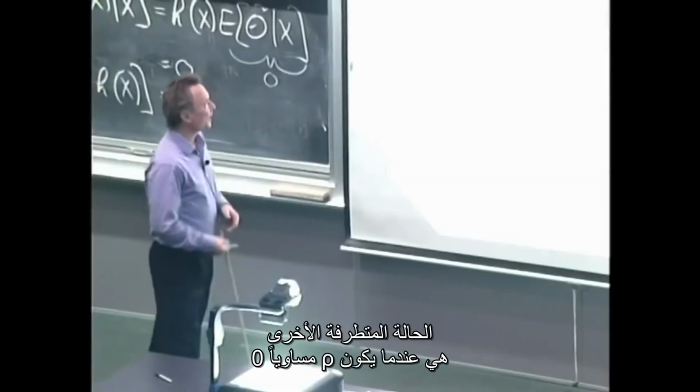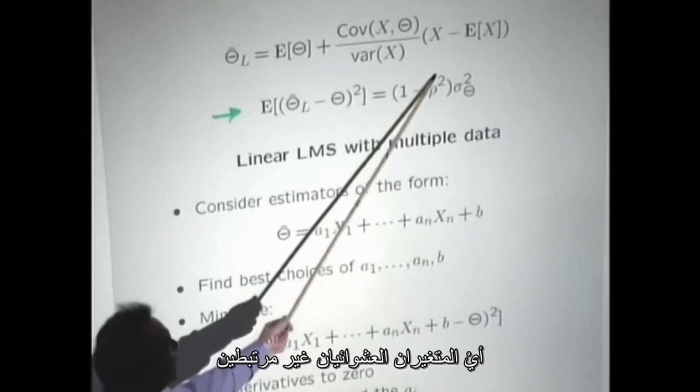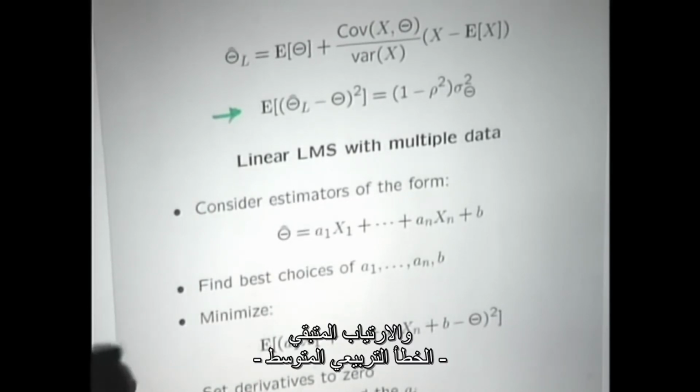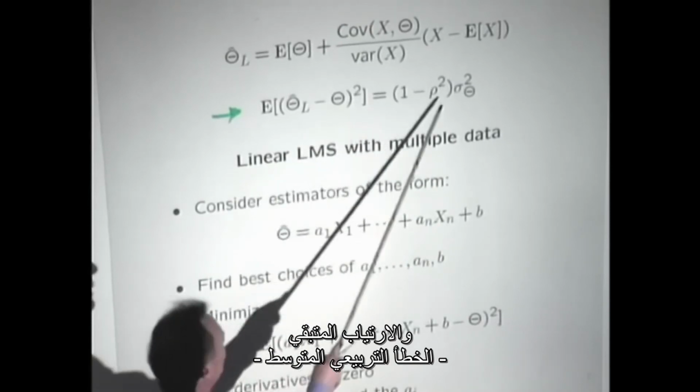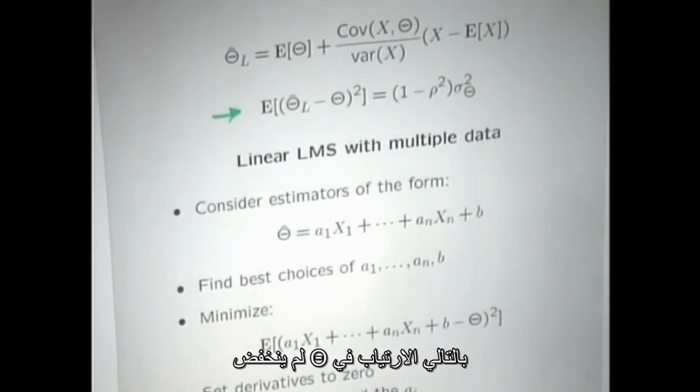The other extreme case is if rho is equal to 0. The two random variables are uncorrelated. In that case, the measurement does not help me estimate theta, and the uncertainty that's left, the mean squared error, is just the original variance of theta. So the uncertainty in theta does not get reduced.